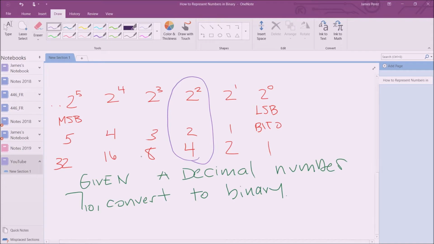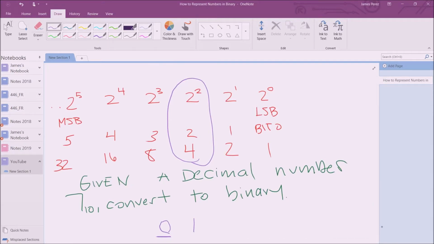So if I was to write this down, I would put a 1 wherever I can represent it. This is bit position 2, so I could put a 1 here. And you can't represent it with bit position 3, so you could put a 0, but you wouldn't really necessarily need that.